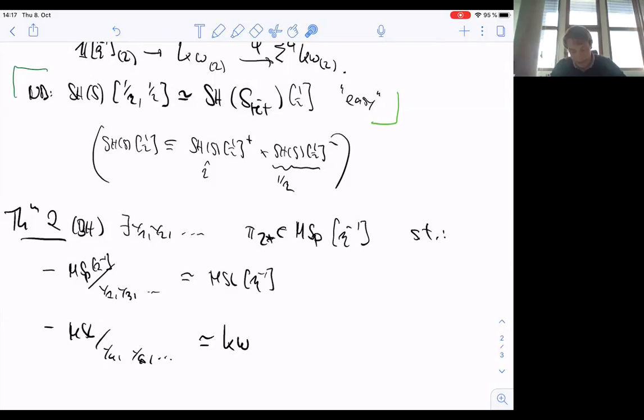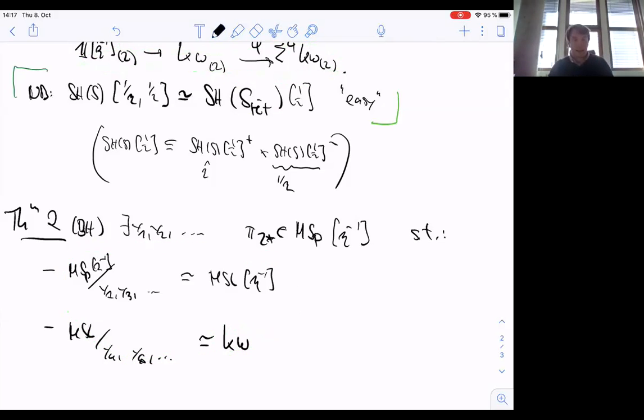So what this is saying is that if you choose your generators for MU with 2 inverted in a good way, then if you kill the odd ones, you get MSO with 2 inverted. And if you kill the other ones, you get little KO with 2 inverted. And I guess this is a well-known result in topology. One can find references for this. So, right, but so you can see that somehow this gets glued together with some 2-primary part, which is more genuinely motivic, and then you get this integral statement here.